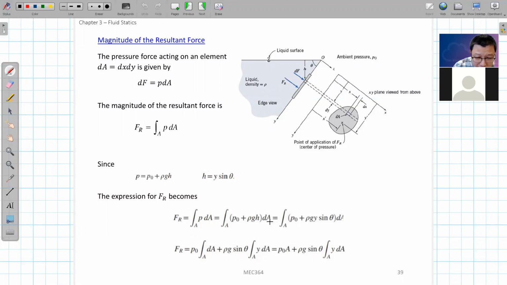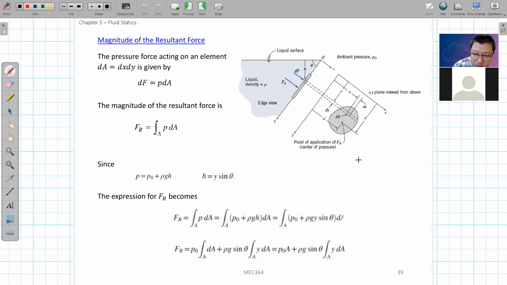Because P0, rho, and g are constant, the first term is P0 times A, where A is the surface area of the flat plate, and rho g sin theta is constant. So the only thing left is the integral of y dA.